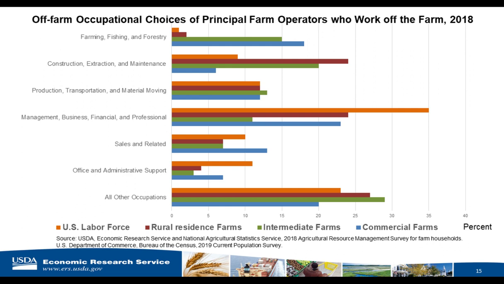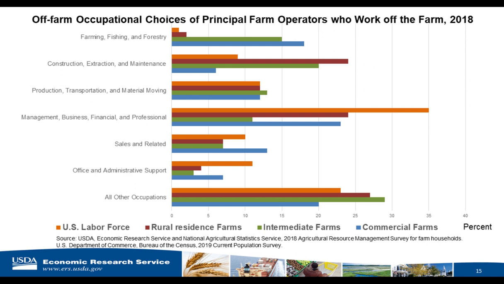In general, farm operators are more likely to work in goods-producing occupations and are less likely to work in service occupations. These occupational choices may reflect location, with goods-producing activities more likely to be in rural areas.